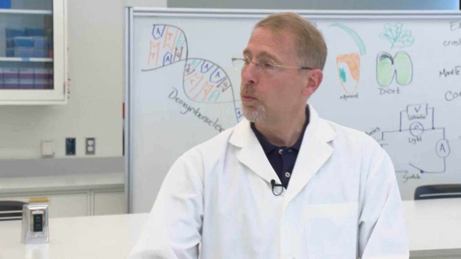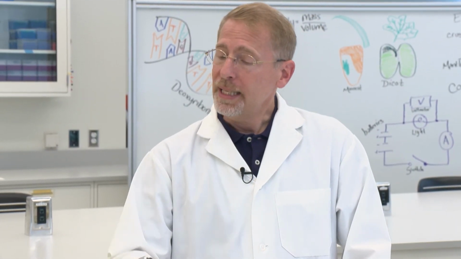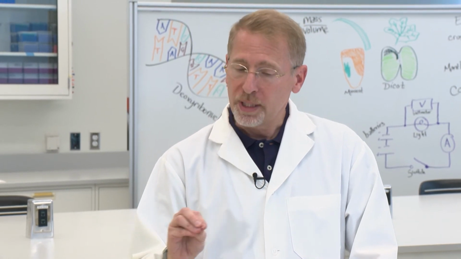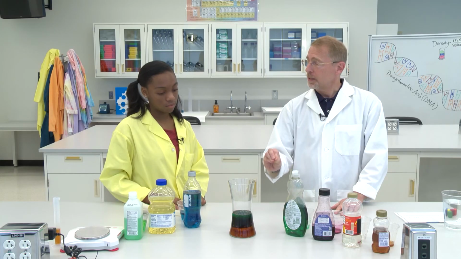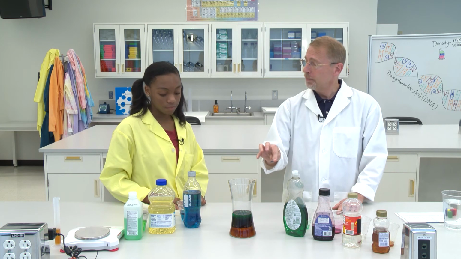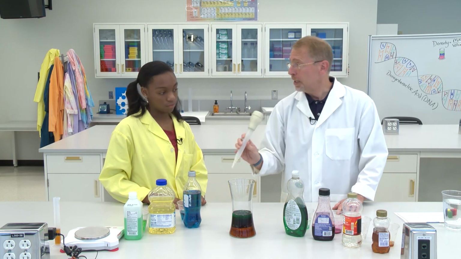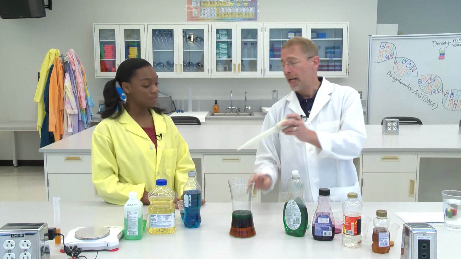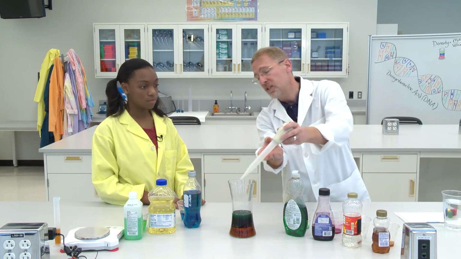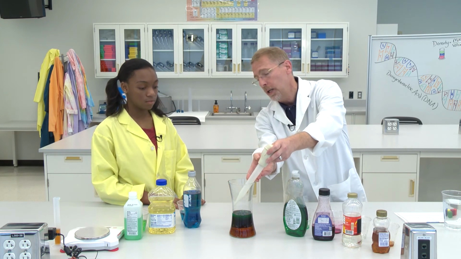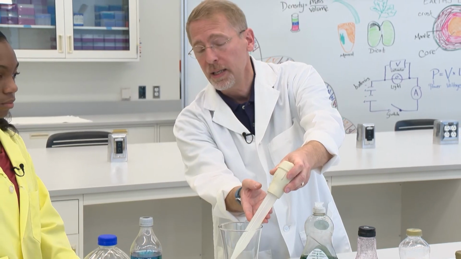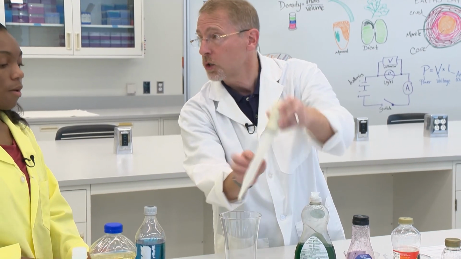Okay, now we're going to work with water. And water is a little tricky. We want to make sure that we don't mix it. So instead of pouring it straight in, we're actually going to use a turkey baster. You're going to get the water, and then set it right above where the dishwashing soap is, and then squeeze it in, okay?